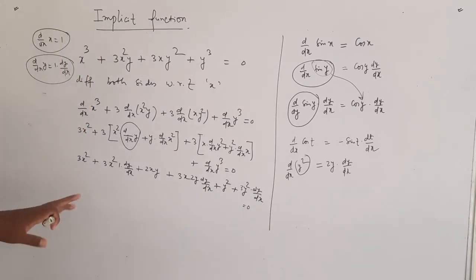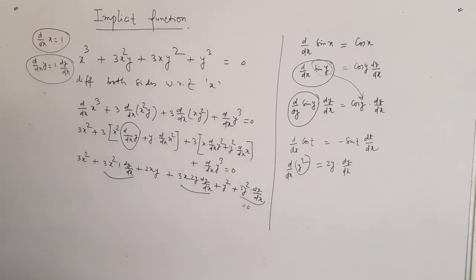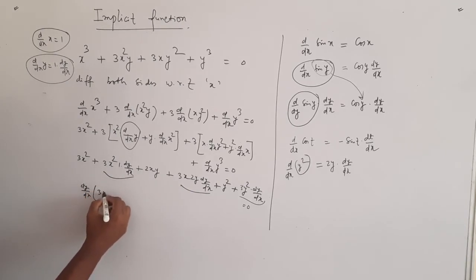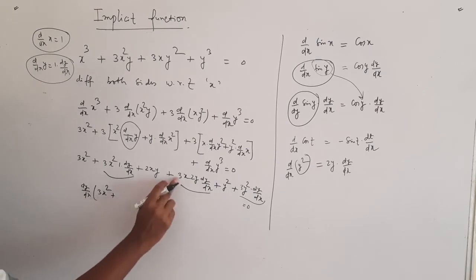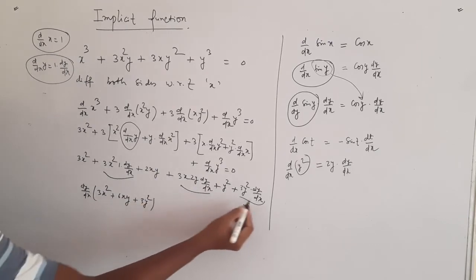Now in this expression you find there are three terms which contain dy by dx. So keep them together because we have to find dy by dx. We have to make dy by dx the subject. So I take dy by dx common directly. So this is 3x square plus 3x and 2y, this is 6xy plus 3y square from here.